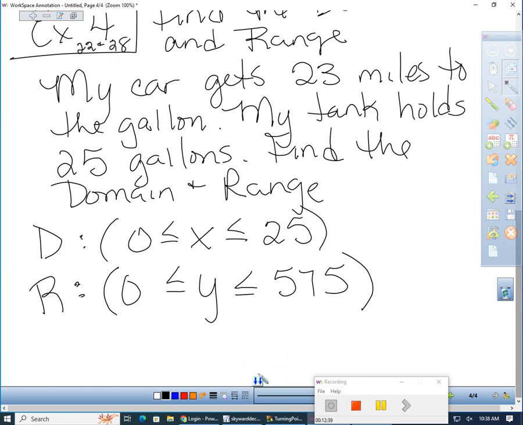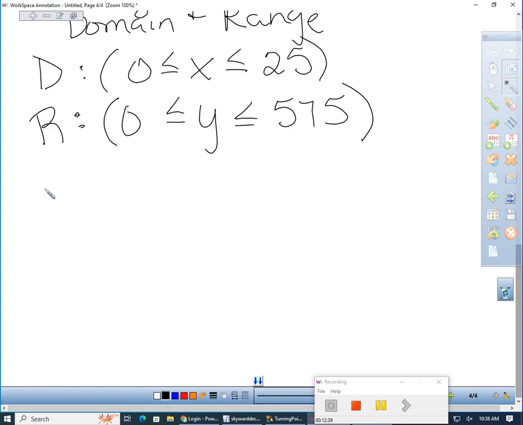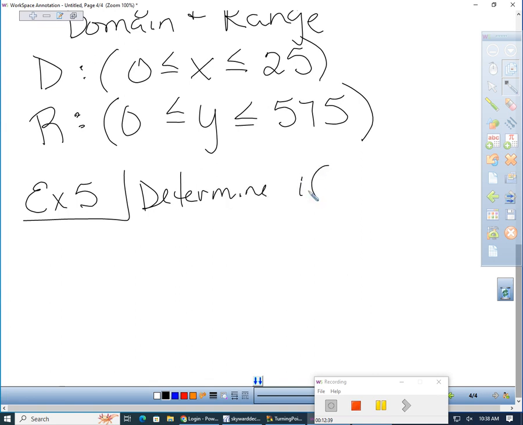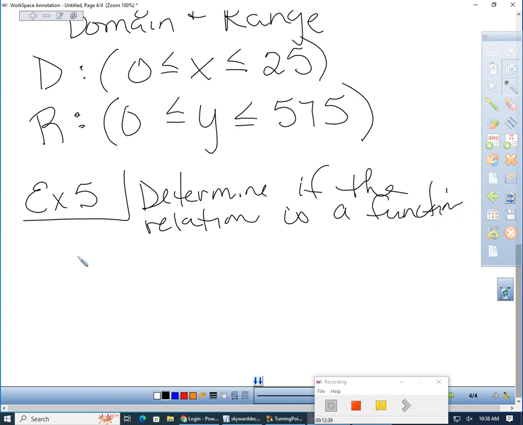Example number 5, last one. Determine if the relation is a function. You're going to be given a table sideways, x and y.